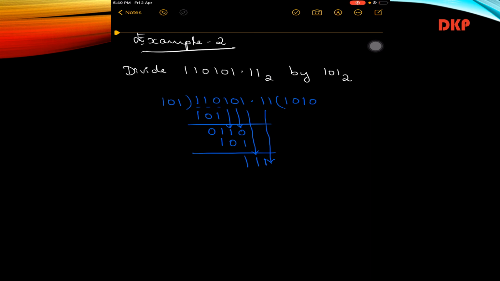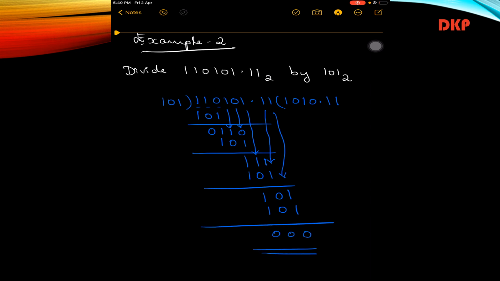Therefore now the divisor 101 will go one time with this dividend, and the remainder is 1 0. Now write the next bit along with this remainder. You will get 101. 101 will go one time with this dividend, and you will get the remainder as 0.